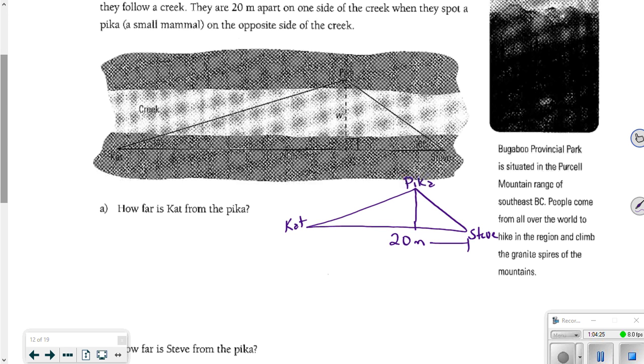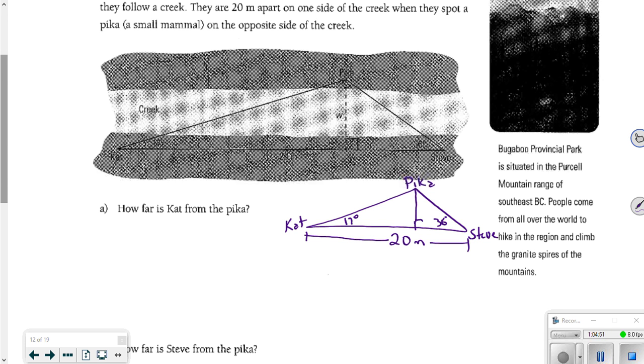So from here to there is 20 meters. And I'm told in the question that this is 17 degrees and 36 degrees. So it wants to know how far is Kat from the pika.